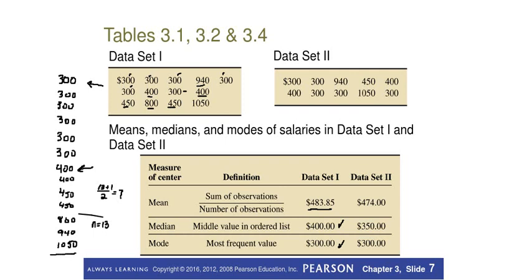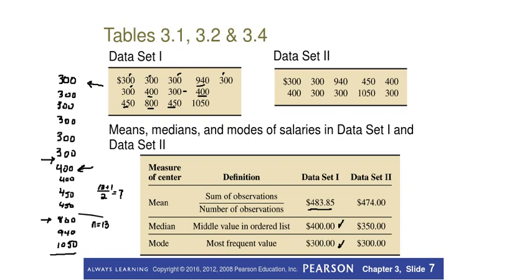In data set 2, there's an even set of numbers right here. It's just one less piece of data than we had over here, really. So if we were to get rid of one of these pieces of data, like in that data set, we get rid of the $800, right? Our median would shift to be right in between these two middles.